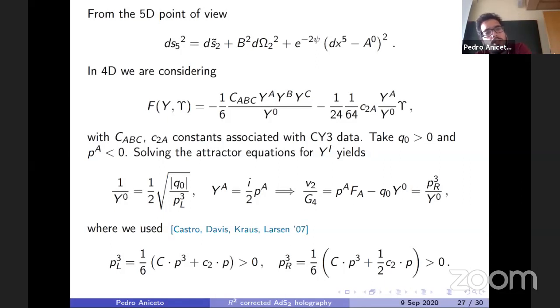On the other hand, you compare this with the 5-dimensional point of view, where the ansatz for the lift is given by this metric here. We consider the gauge field to be A0, the one without a magnetic charge. And in 4 dimensions, we consider a specific holomorphic function F that is given in terms of two constants, C_ABC and C_2A, that are associated with the Calabi-Yau threefold data.